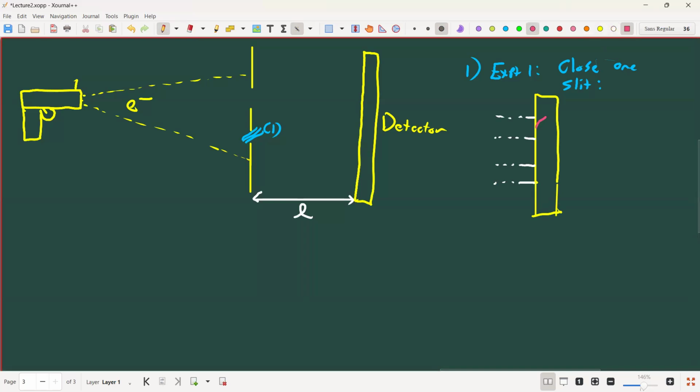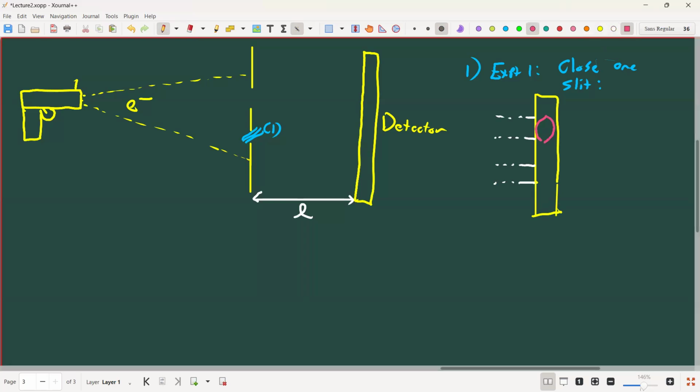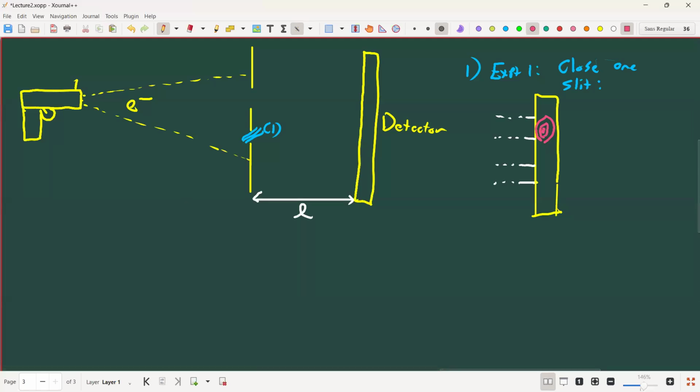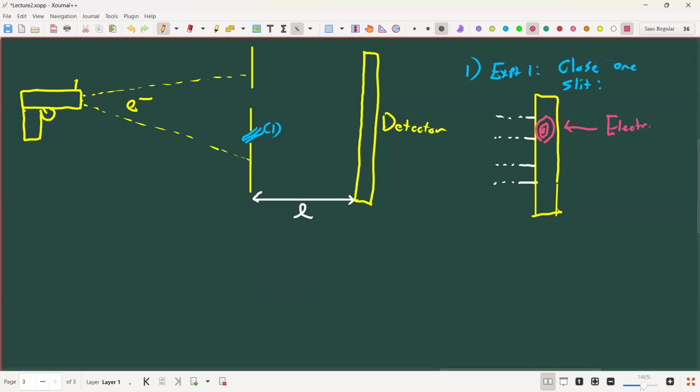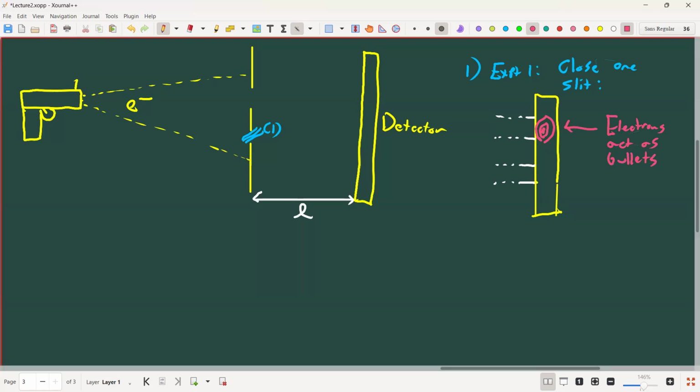So what I would see here is a pattern, depending on how sharply focused the beam of electrons is. Right, you see basically a spread of targets. So the electrons are like bullets here. And again, I can swap this over here and I see the same thing, right? If I change the slit, it doesn't matter. I get electrons down here instead.